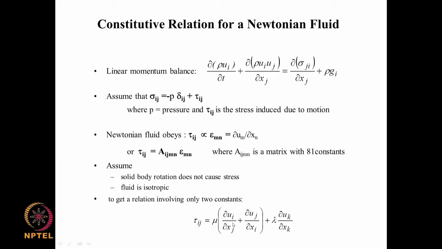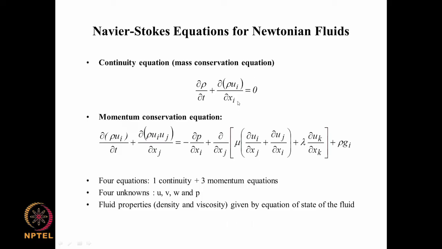Now we substitute this into this expression and this into this expression, and we finally get the conservation equations like this. So these are the Navier-Stokes equations for a Newtonian fluid, and any flow of a Newtonian fluid is governed by these equations.